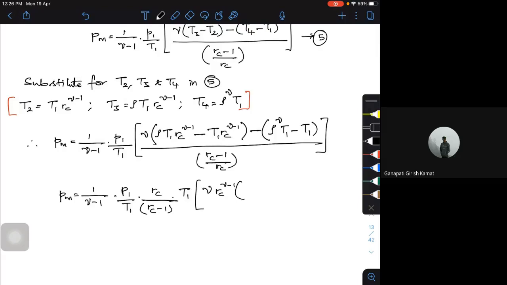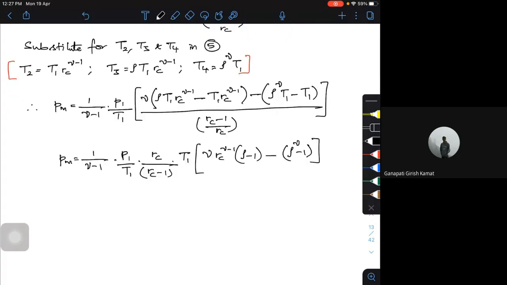So this will become simply rho minus 1 minus, T1 I have taken out, so I am left with only rho to the power of gamma minus 1. So this is what I am going to get. So further simplification, what will happen? This T1 and this T1 simply go off.